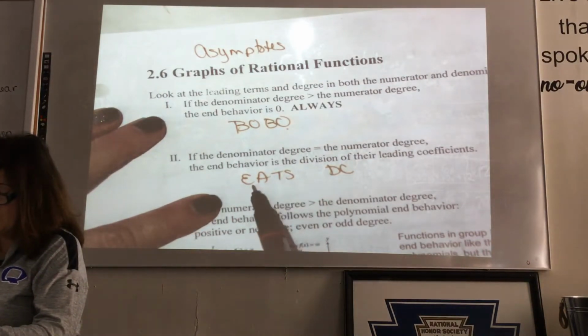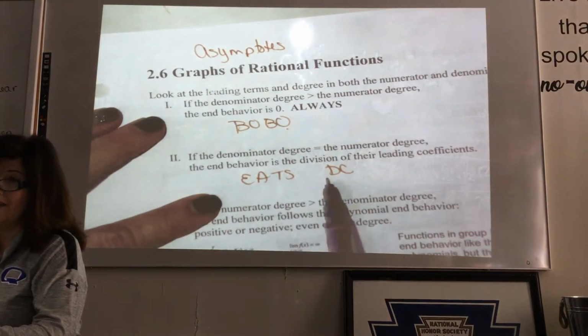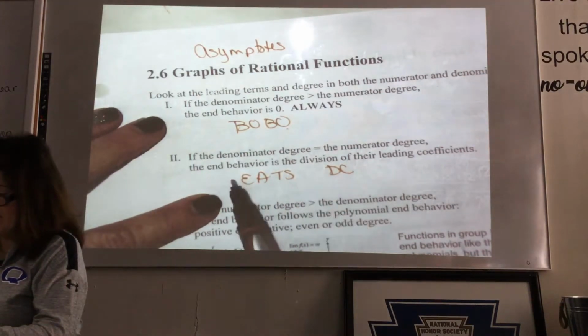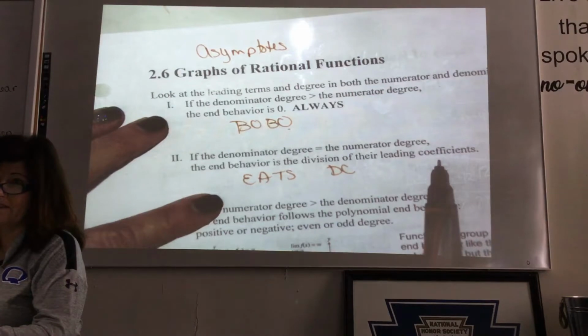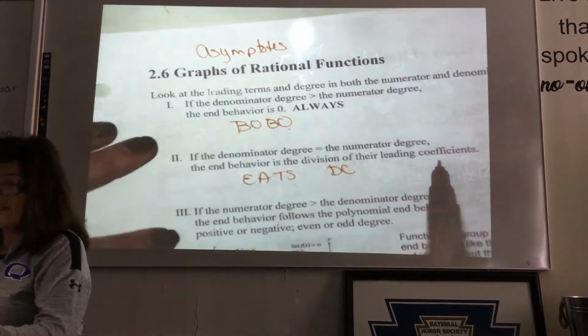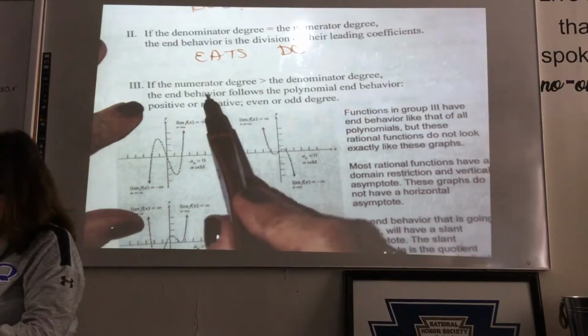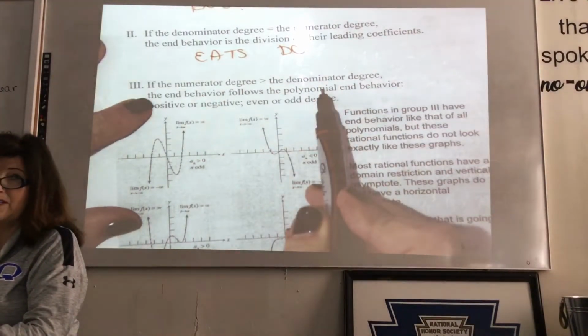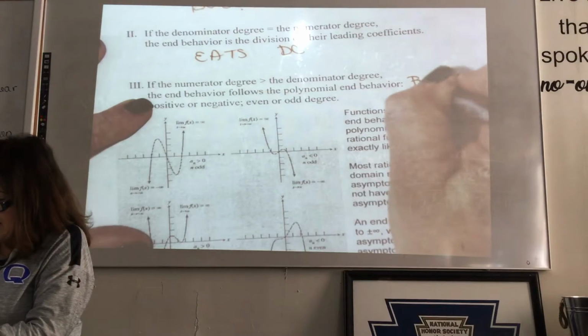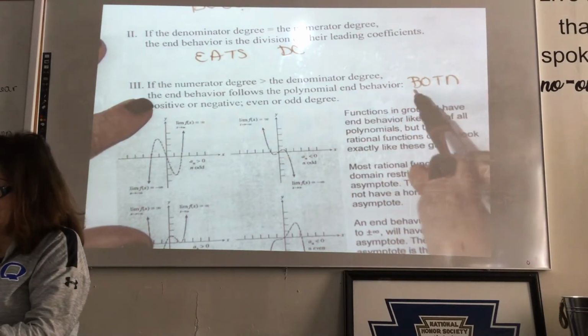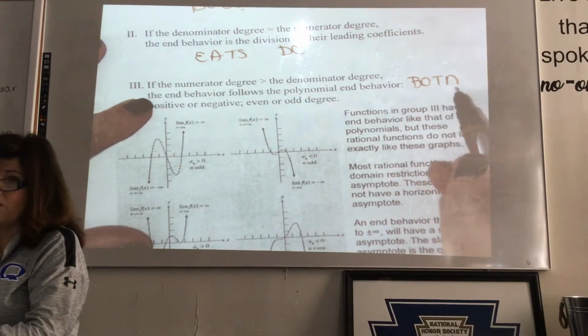The degrees are the same, then you divide coefficients. And that's exactly what's written out here. Then we get to number 3, where it says if the numerator is greater than the denominator, there is no horizontal asymptote. That's big on top, no horizontal asymptote.